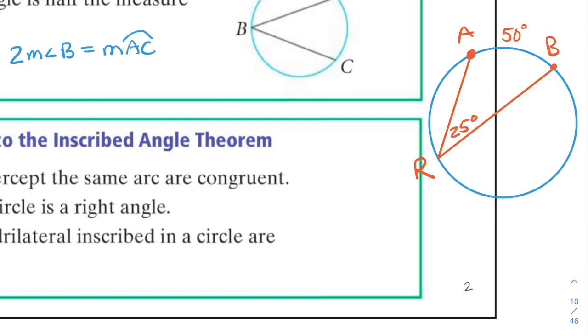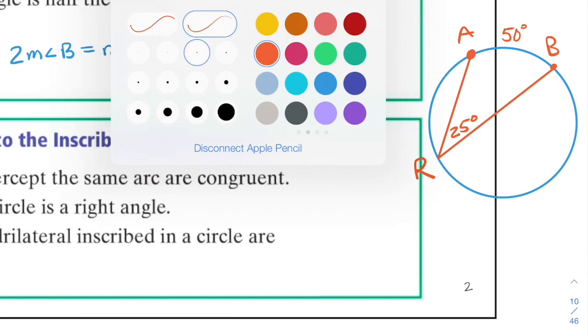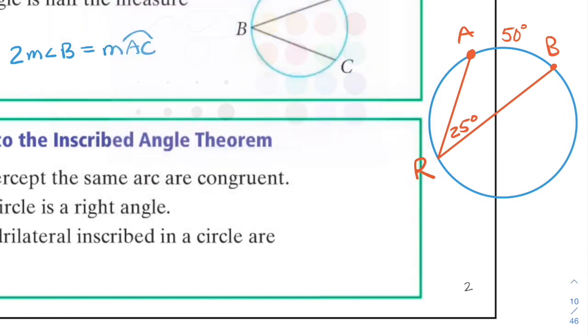Okay, that's cool, right? But let's say that we have a totally separate thing happening. Let's go with AZB. Because the arc is also 50, this angle is also 25 degrees.